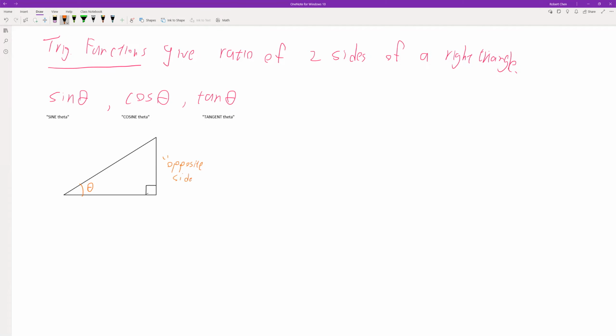And then the other side that is attached to the reference angle theta and the right angle would be called the adjacent side. And last but not least, the side that is opposite of the right angle is called the hypotenuse. The hypotenuse also means the longest side.